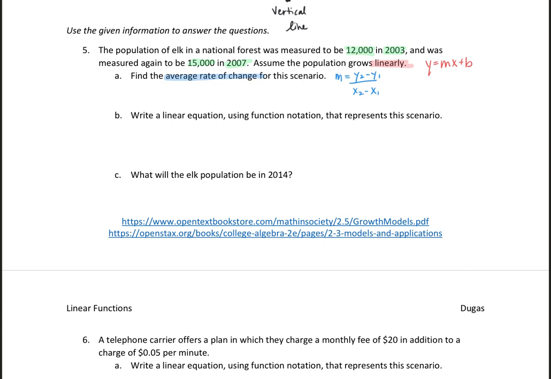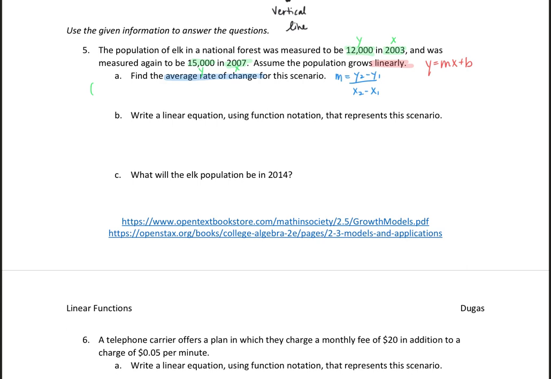Usually, time is your x, and the population will be your y, because your population depends on the year. So depending on how many years have passed, your population will have increased or decreased accordingly. So your x is your independent variable, that's the time, and then your y, your population, depends on the passage of time. So if I want to write those as ordered pairs, I could.